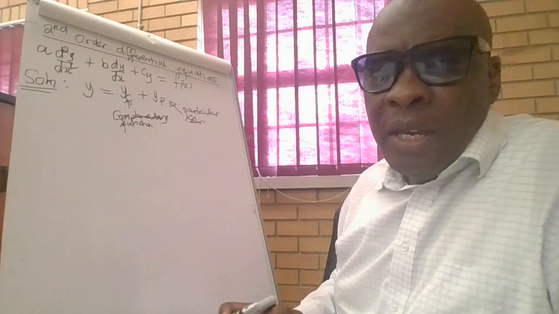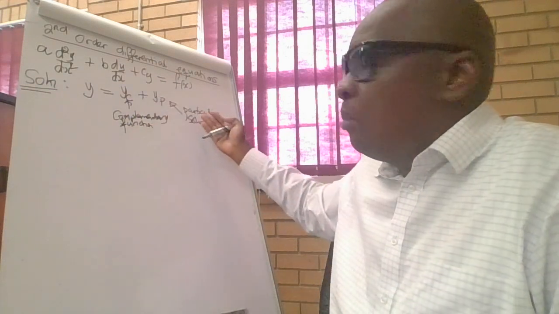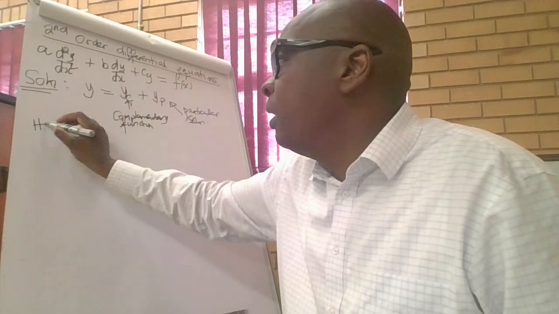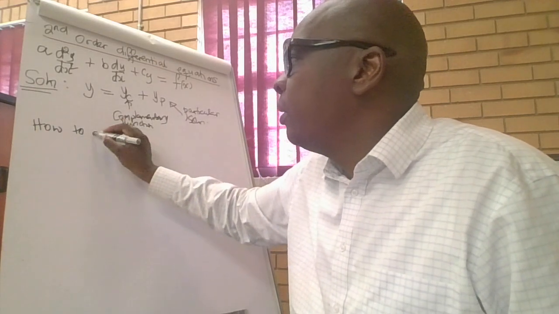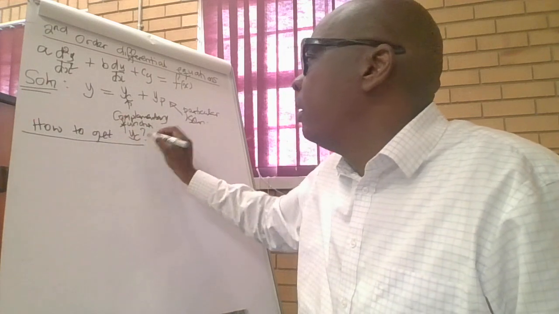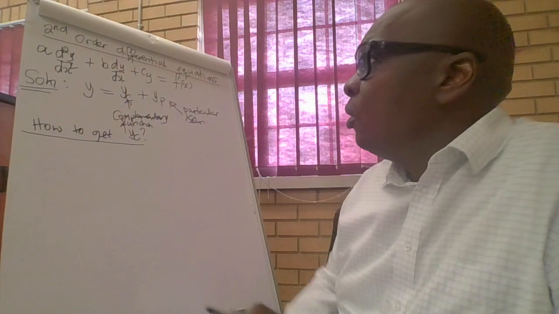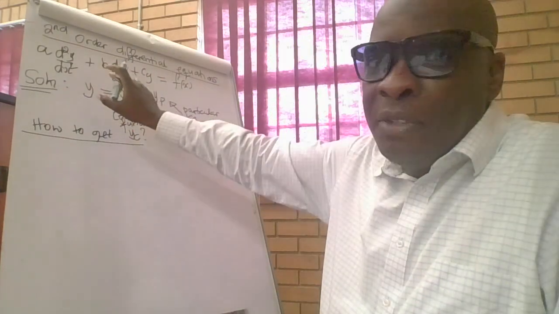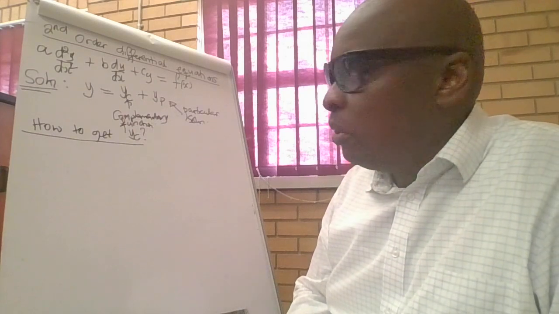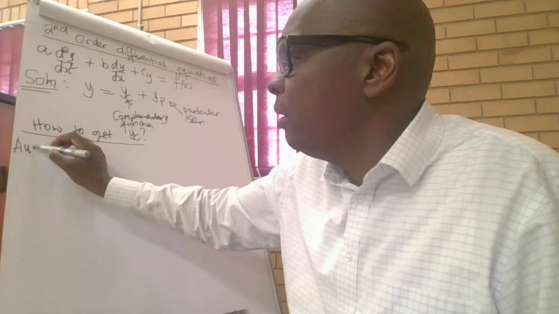Now, the question would be, how do we get the complementary solution and how do you get the particular solution? I'll give you a brief summary of how to get the complementary solution yc. You look at your differential equation, and on the left-hand side you can get what we call the auxiliary equation.